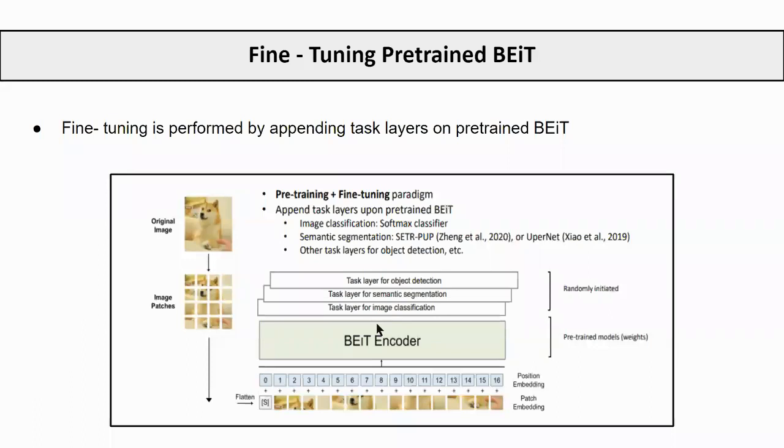You must have recalled by now that this BEIT is pre-trained with the cancer dataset that we will be feeding into it, and these are randomly initialized. There are many task layers that you can perform, such as image classification, semantic segmentation, or object detection. But for now, I went ahead with image classification due to time constraint.